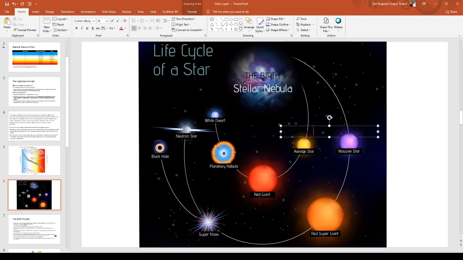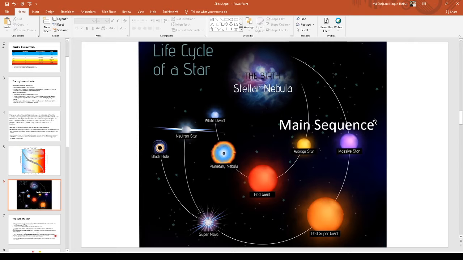Alright, so basically, when I say average star or a massive star, what is this? This stage is the main sequence. It's called the main sequence, the stable state of a star, right?